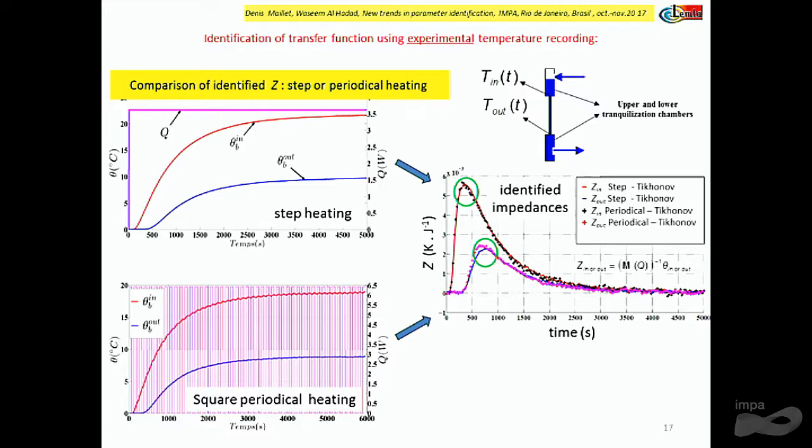So here you have the impedances that were identified in both experiments. They are very close. We use Tikhonov regularization here. And what you see, for example, is that they are exactly the same at the inlet, but at the outlet there is a small difference.